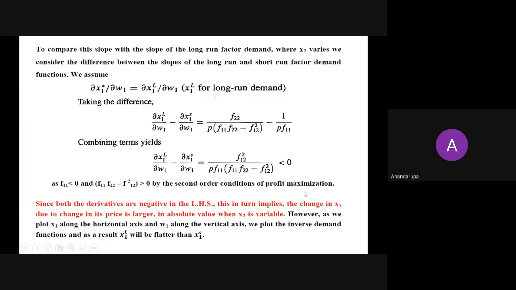Ma'am, sorry ma'am, but I couldn't understand why there will be F12 square in the denominator. Oh, we are getting F12 square in the numerator. Why will there be F12 square? Because I am taking the LCM, so I am multiplying it with F11. So it should be F22 into F11 minus F11.